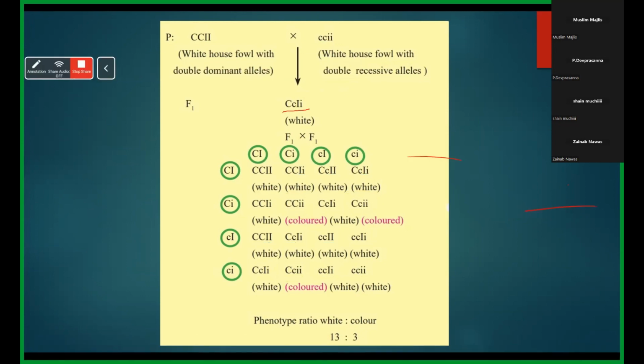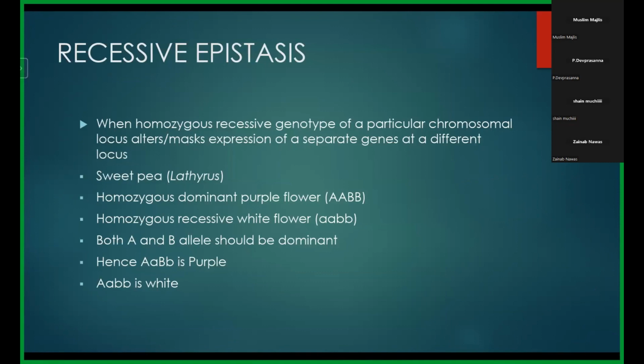And then we have recessive epistasis. Recessive epistasis is when the homozygous recessive genotype of a particular chromosomal locus alters the expression of a separate gene at a different locus.